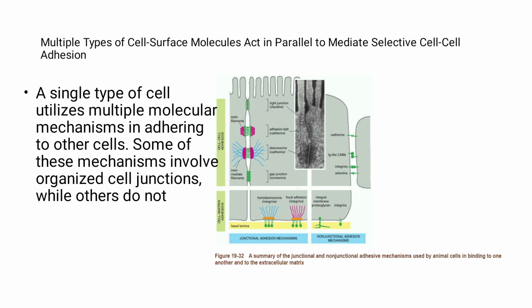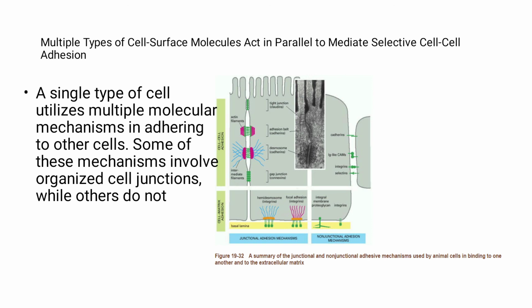A junctional mechanism is operationally defined as one that can be seen as a specialized region of contact by conventional or freeze-fracture electron microscopy. A non-junctional adhesion shows no such obvious specialized structure.